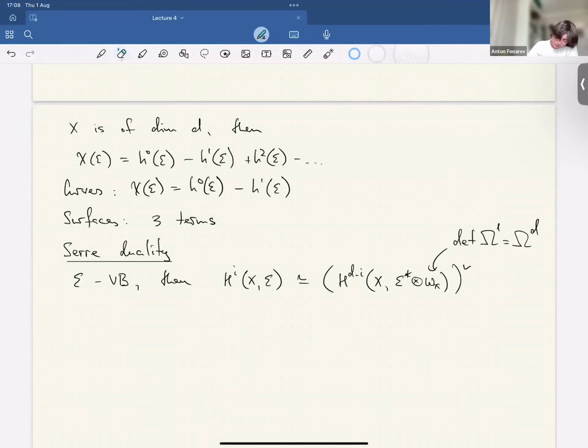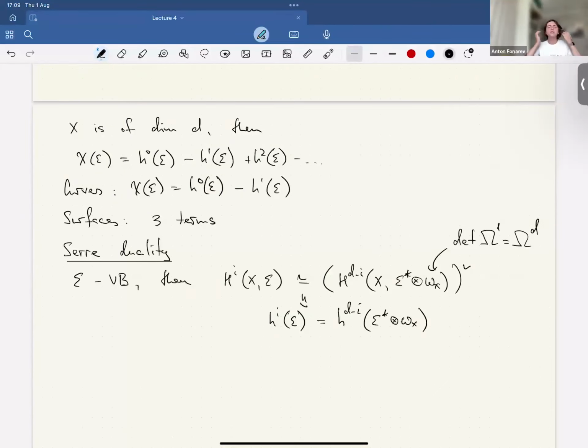So for instance, what we get immediately as a corollary from here is that h^i of E equals h^(d-i) of E dual tensor omega_X. So we first take the dual and then we twist our vector bundle by a certain line bundle and we get equivalence of numbers.